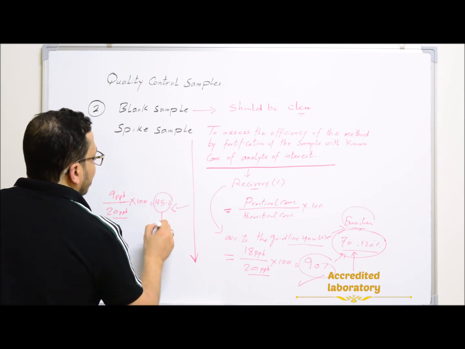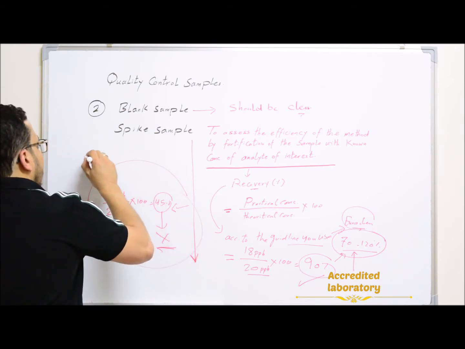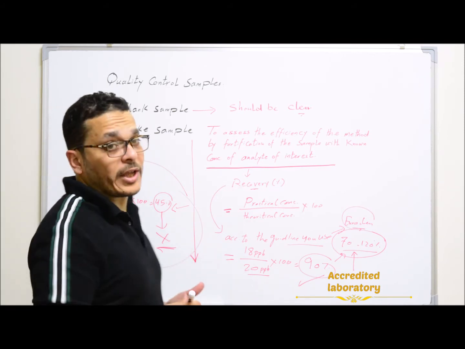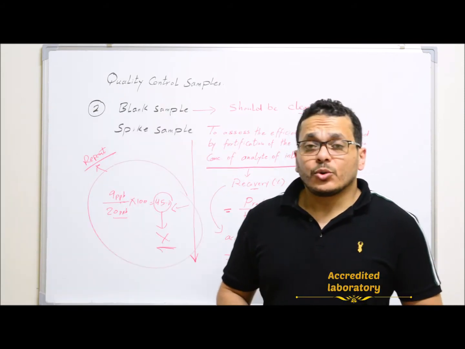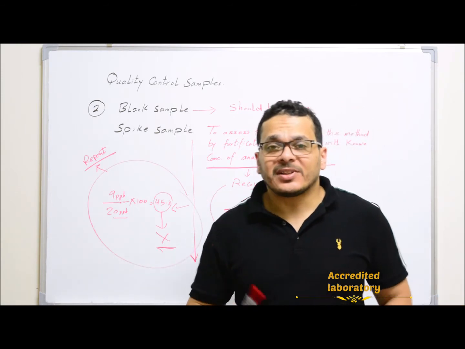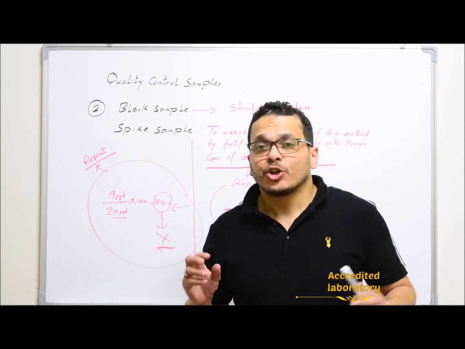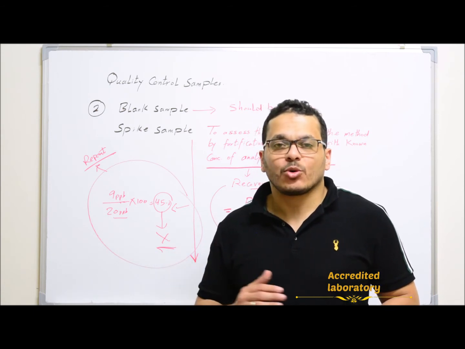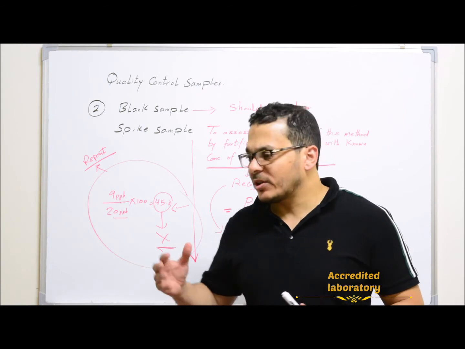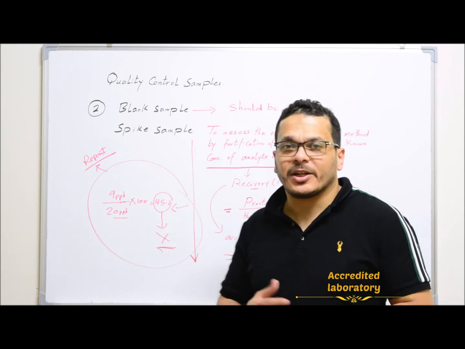This is not accepted at all, so you should stop the work and repeat again. During your routine analysis, if you didn't get the accepted recovery, you will repeat your extraction steps from the beginning to the end to check if there is any mistake. And your samples will be repeated also, because this mistake will be in all of your sequence, not only with the spike sample.